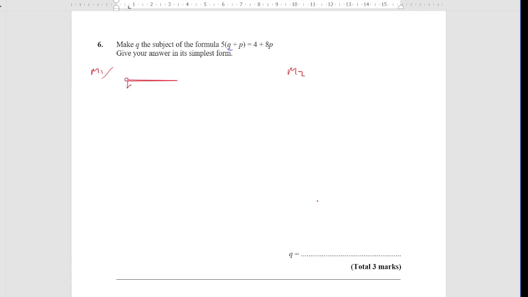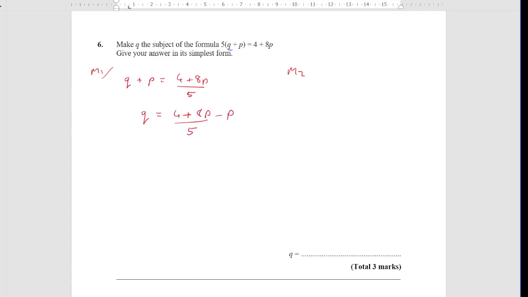So if I divide both sides by 5, q plus p is equal to 4 plus 8p divided by 5. And then I'd minus p from both sides. So that would give me q is equal to 4 plus 8p over 5 minus p.